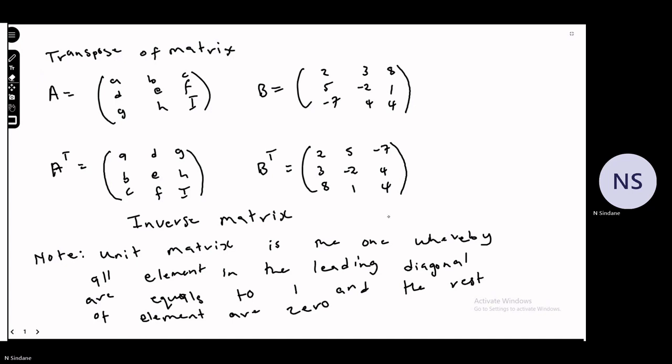Then we have an identity matrix of 2 by 2 and an identity matrix of 3 by 3.